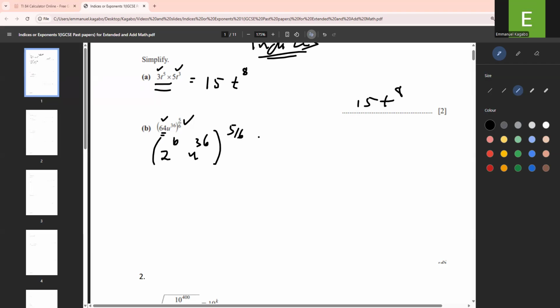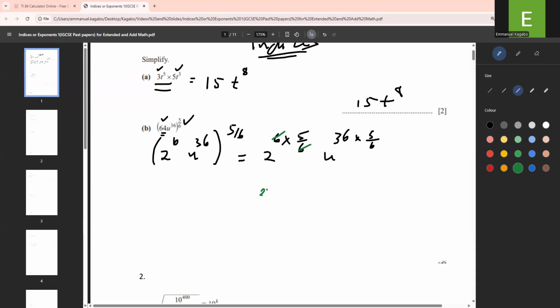Now, using the rules of indices, it will give me 2 power 6 times 5 power 6, 5 over 6, sorry. Then 4 power 36 times 5 over 6. Now, this one simplifies by that.